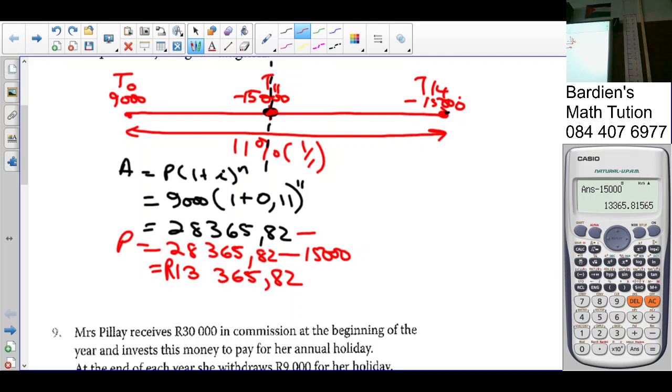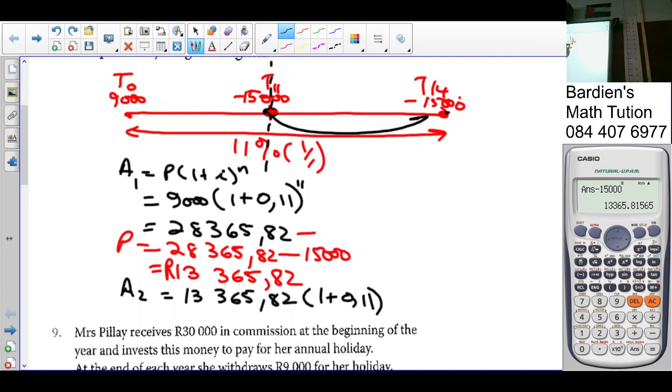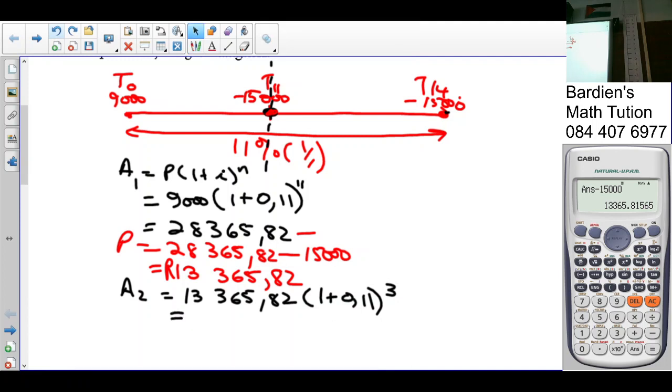That's it? Your A1, so A2 is going to give you 13,365 and 82 cents into 1 plus 0,11 to the exponent. How many years is it from T11 to T14? 3 years. Okay? Which now gives us, again we press answer.